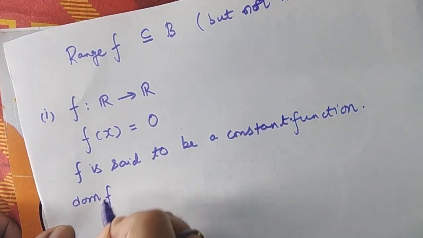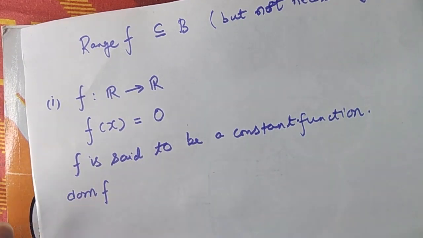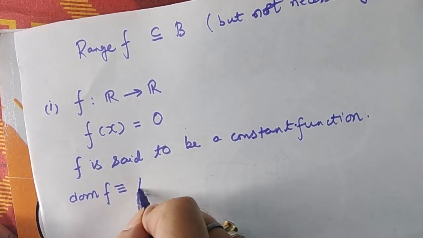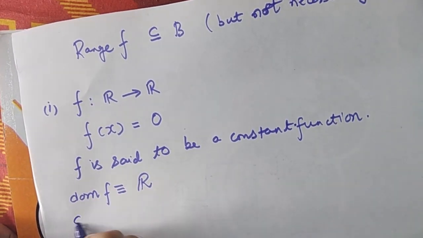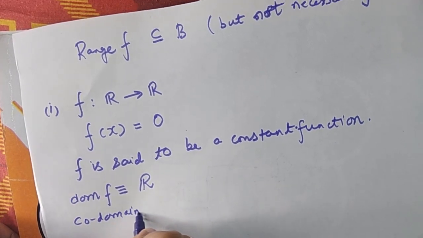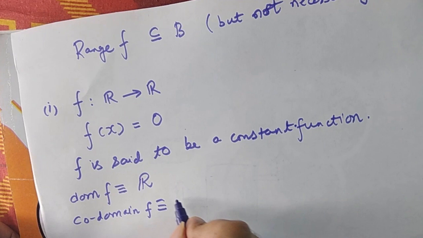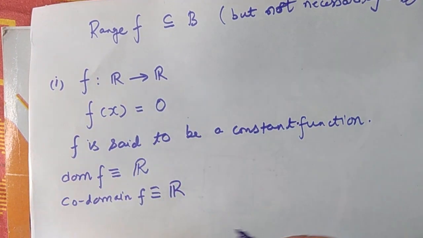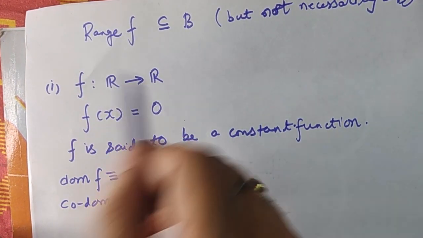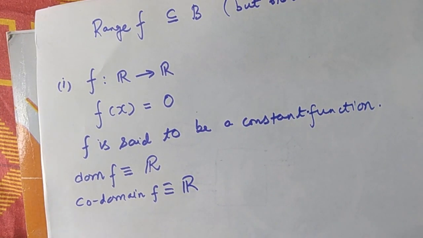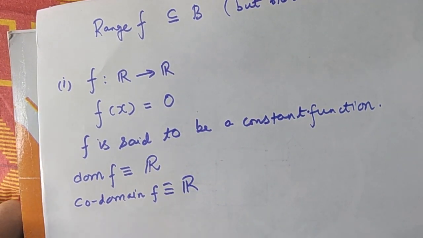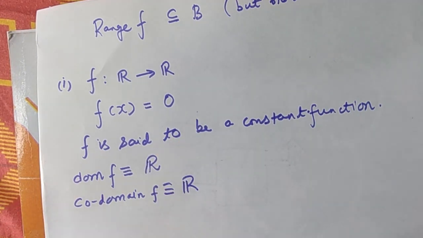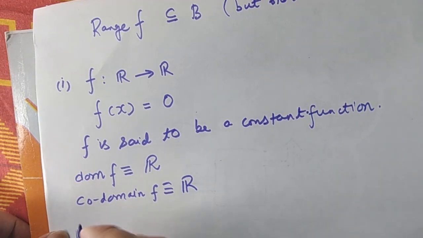The domain of f in this case is the set R, and the codomain of f is also the set R, because the role of the sets A and B are being played by the set R. However, if we care to know about the range of f, it does not turn out to be R. In fact, it is a singleton set, which in this case is equal to {0}.